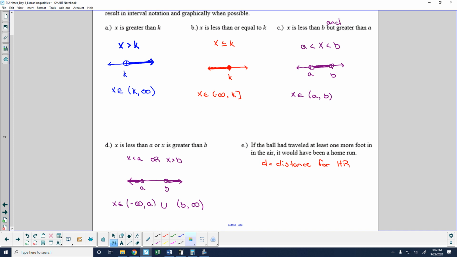Let's let B be the distance that the ball traveled.